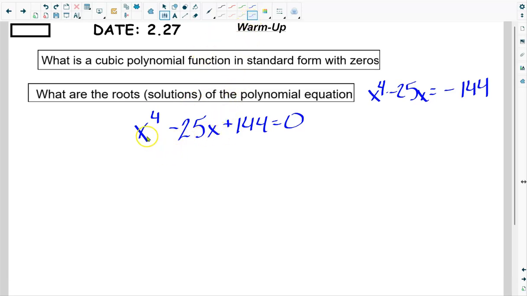Anyways, so this is a unique situation because typically this is a square or a cube, right? But it's a fourth, and we observe that this guy here also happens to be something pretty special. Okay. So anyways, let's go ahead and break this guy down here.